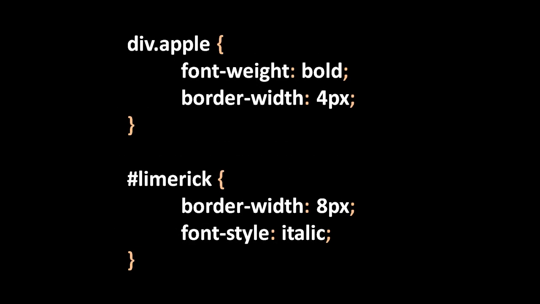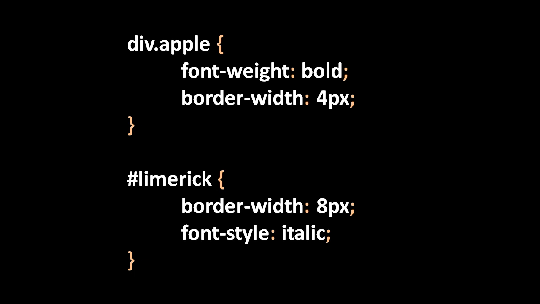In any case, consider an example. Here we have two separate rules, one with the selector div.apple and one with the selector ID of limerick. And both of these rules contain a border width property. One specifying a border width of 4 pixels, the other specifying a border width of 8 pixels. So the potential arises that in the document we might have a single element to which both of these rules apply.